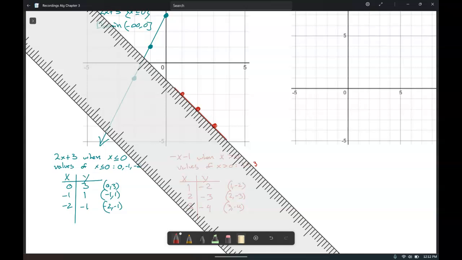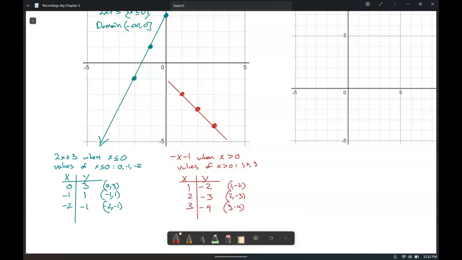So our line needs to actually go all the way up to 0, but not include 0. And so the way that we indicate that is we use an open circle at 0, and we need to extend the line up to 0, but do not include x equals 0.